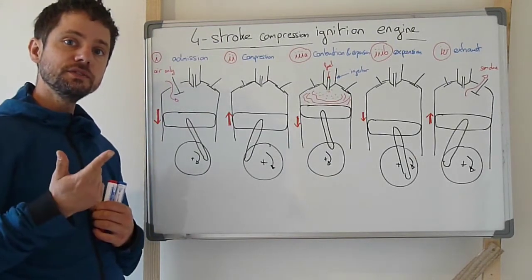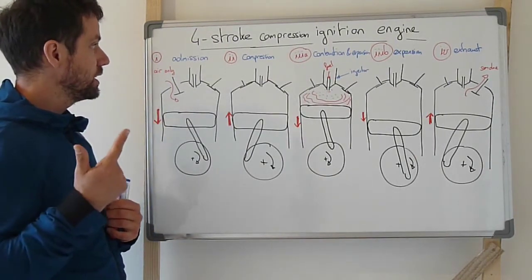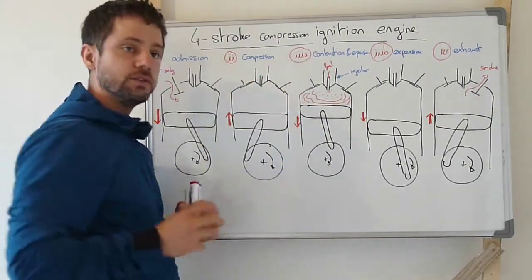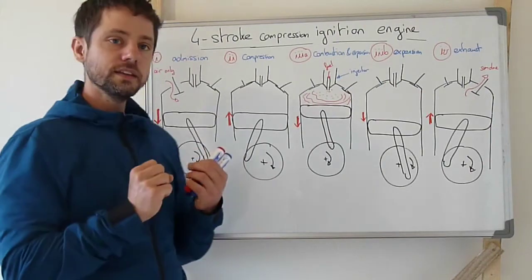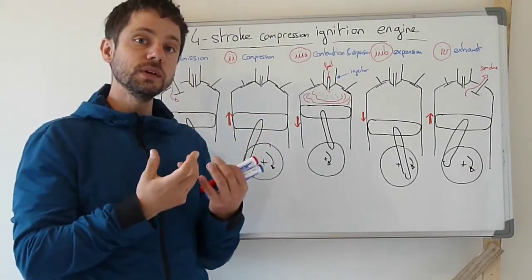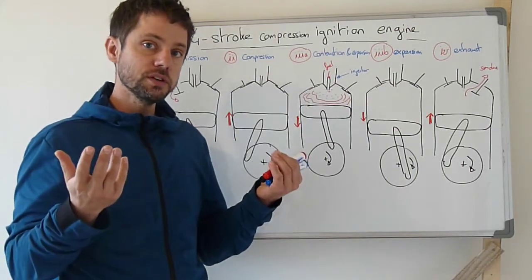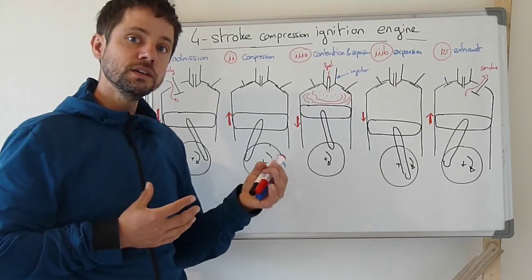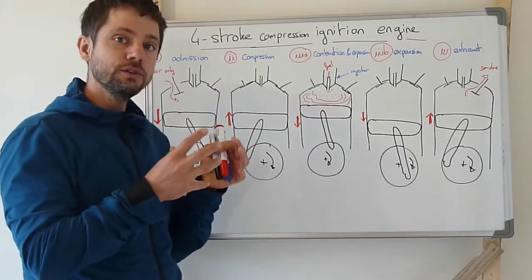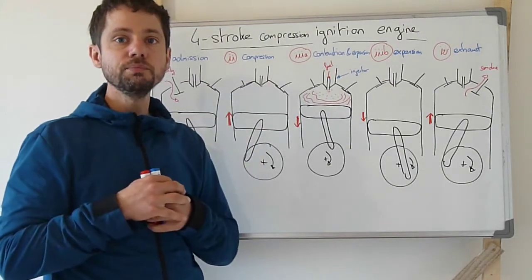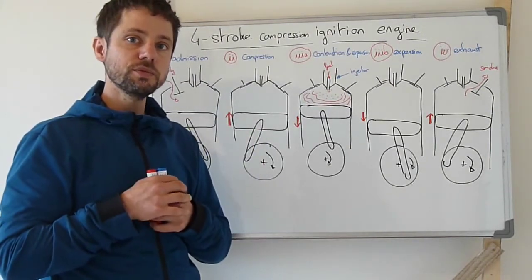Then second big difference will take place during the second stroke, the compression stroke. During the compression stroke, then it's a volumetric compression. The volume is decreasing. It tends to increase pressure and temperature. For the other type of motor, the spark ignition, we were careful not to increase too much the temperature in order to remain below the auto ignition temperature.